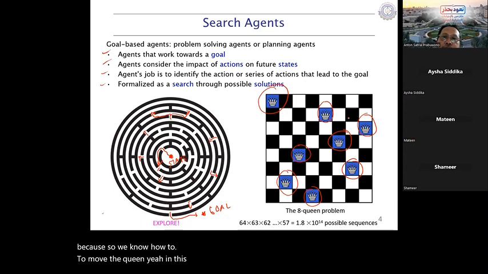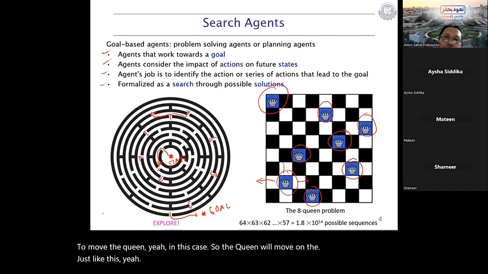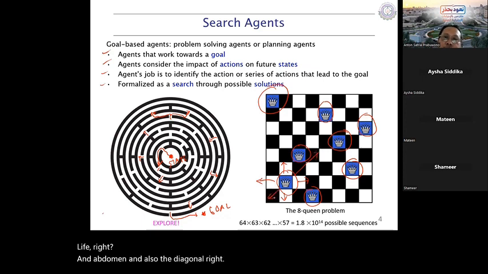The queen will move left, right, up, down, and also diagonally, right? If the board is white, the diagonal will follow the white color.